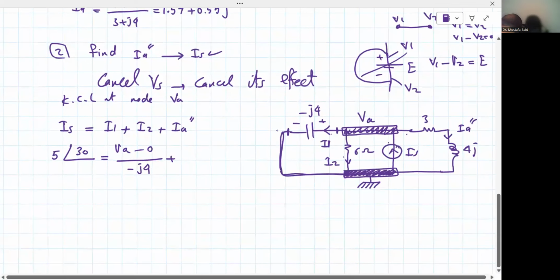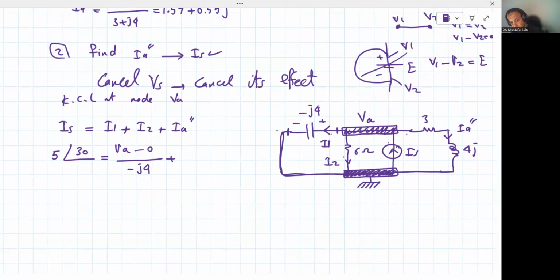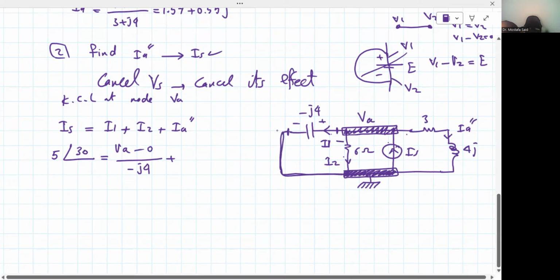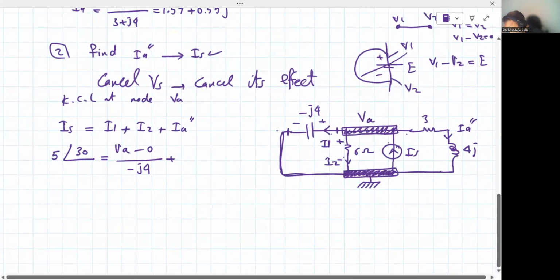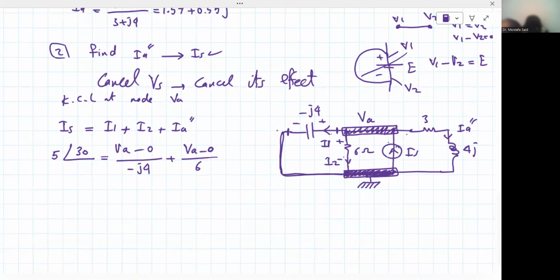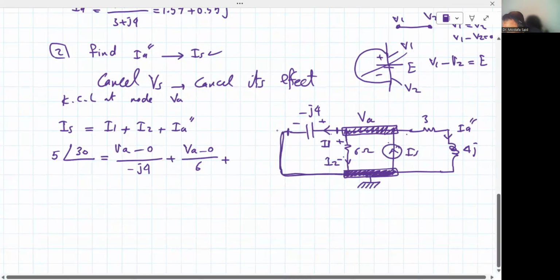I2 is flowing into the 6 ohm. It's equal to the voltage across the 6 ohm divided by 6. It flows from the positive to the negative, so it's the positive terminal voltage minus the negative terminal voltage over 6. The positive terminal voltage is VA, and the negative terminal voltage is 0.